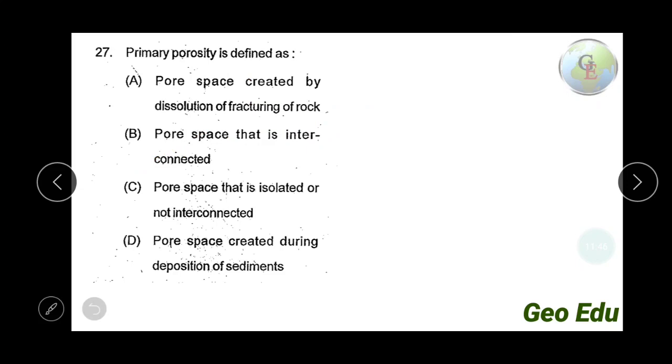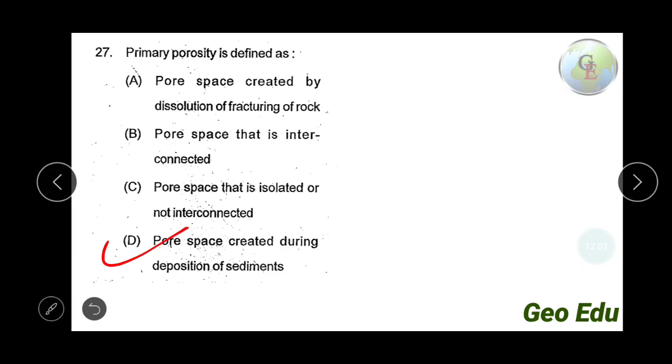Next question. Primary porosity is defined as: option A, pore space created by dissolution or fracturing of rock; option B, pore space that is interconnected; option C, pore spaces that are isolated or not connected; option D, pore spaces created during deposition of sediment. So here option D will be the answer.